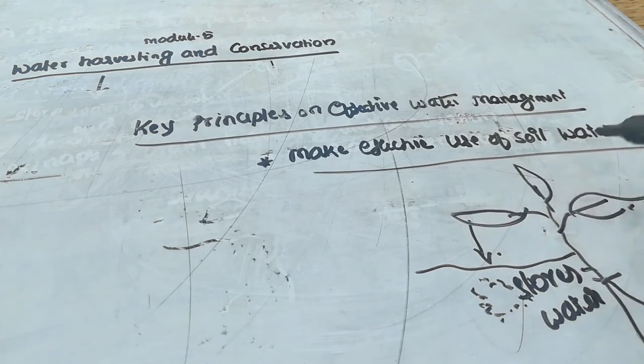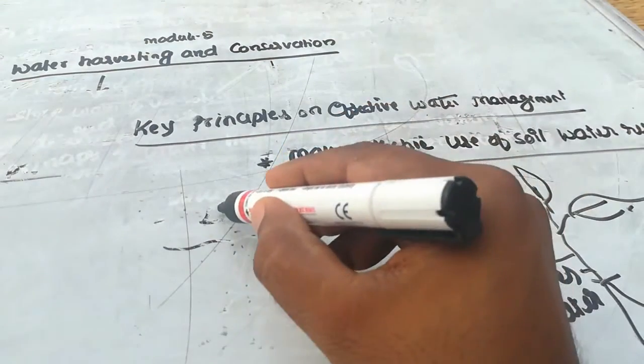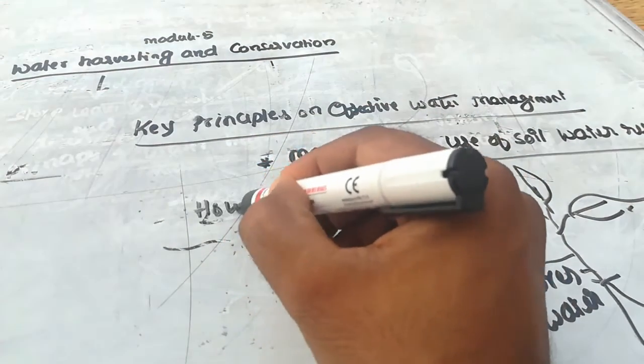So we can divide this into soil type and rooting system of the crop. How much water is available depends on the soil type and rooting system of the crop.